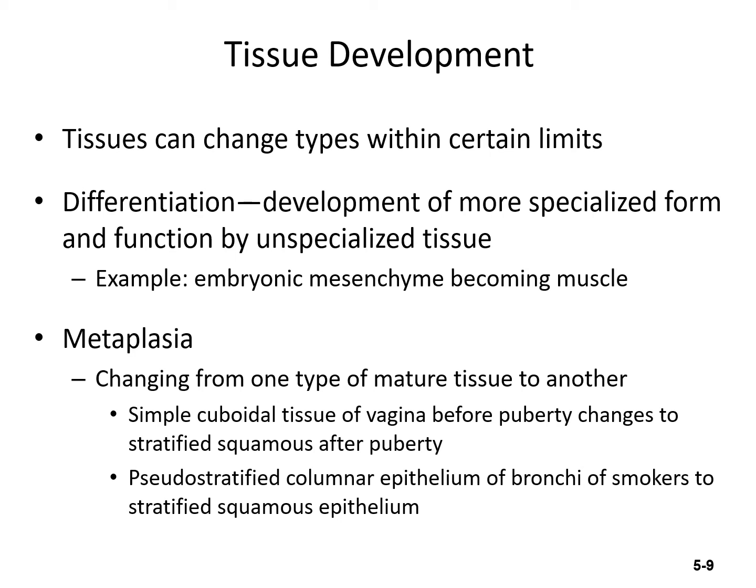Pseudostratified columnar often is associated with goblet cells and mucus production, and oftentimes we'll have cilia as well, which helps to sweep debris out of the upper respiratory tract. And then if that differentiates into this stratified squamous epithelium, you might actually have some loss of that functionality. So, not only does a chronic smoker have an increased risk of lung cancer, for example, and just debris building up in their lungs due to smoking, but they also have this inherent loss of functionality due to this differentiation.